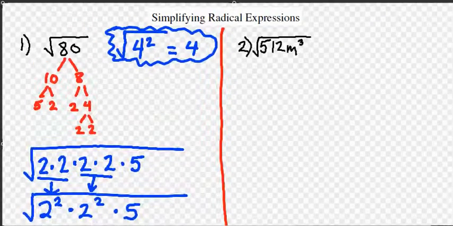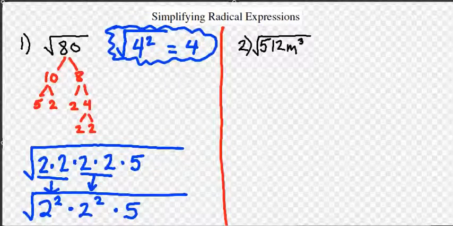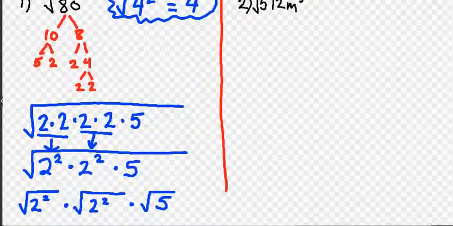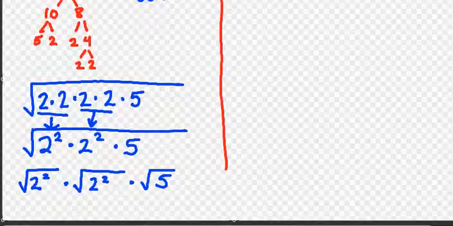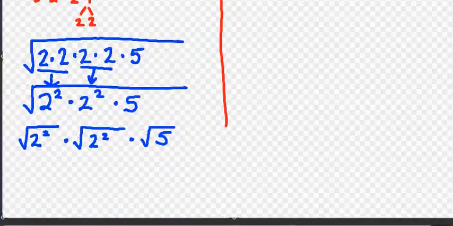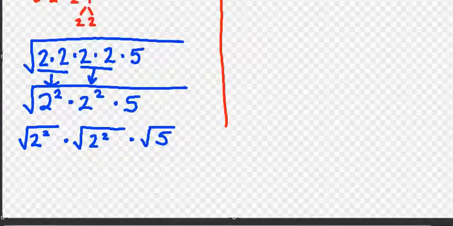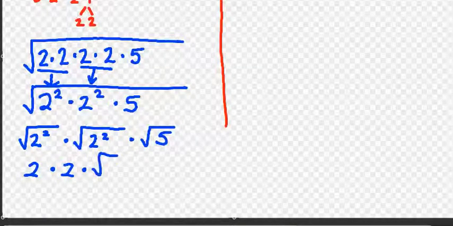Like we saw up here, the square root of a square, the square root undoes the square. So let's look at what happens here. The square root of 2 squared is just 2. Square root of 2 squared, again, 2. And then root 5.